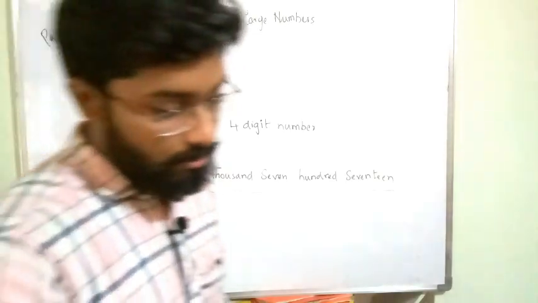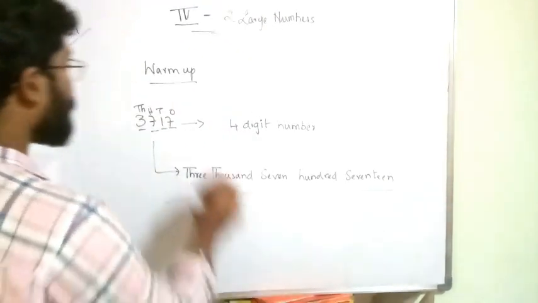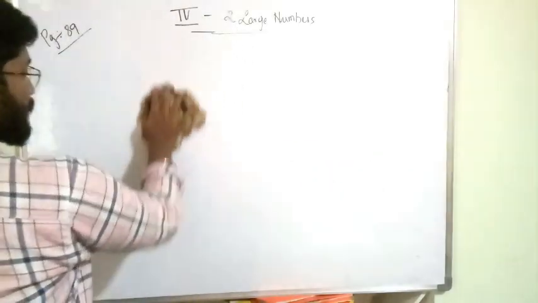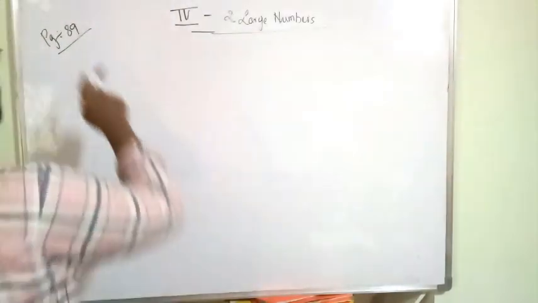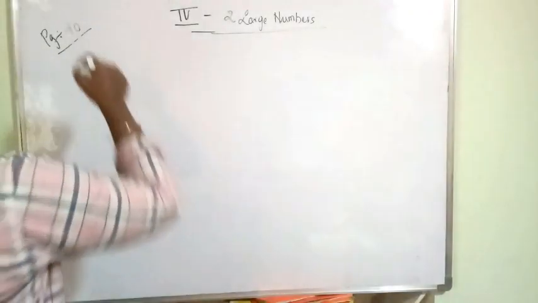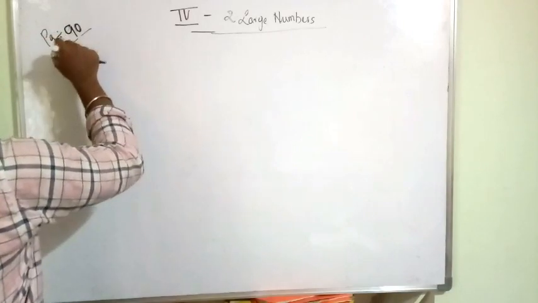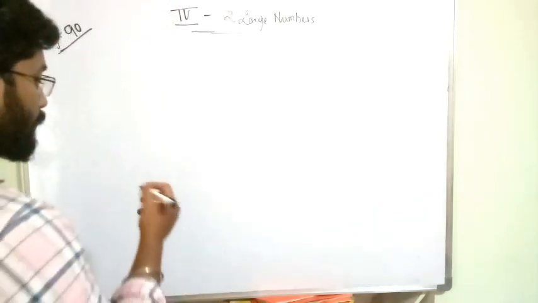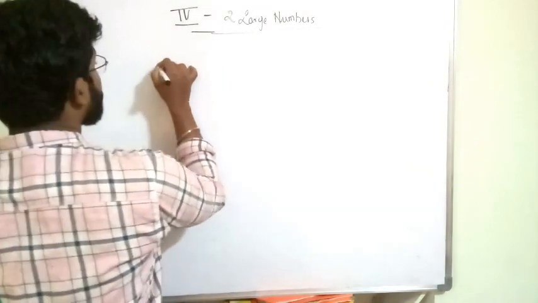Okay? So move to page number 90. There is a heading on page number 90. We will learn about 5-digit numbers.